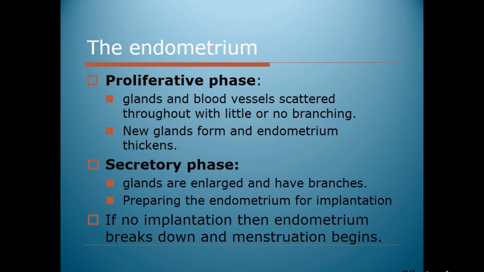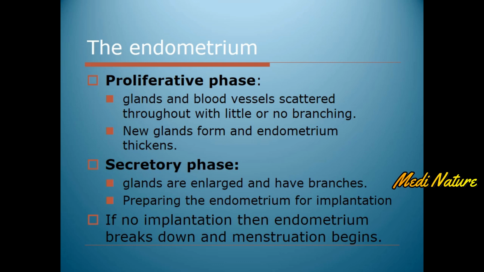So, the stratum functionalis is removed from the body during each menstruation. In each menstrual cycle, this zona functionalis goes through two main phases, the proliferative phase and the secretory phase.